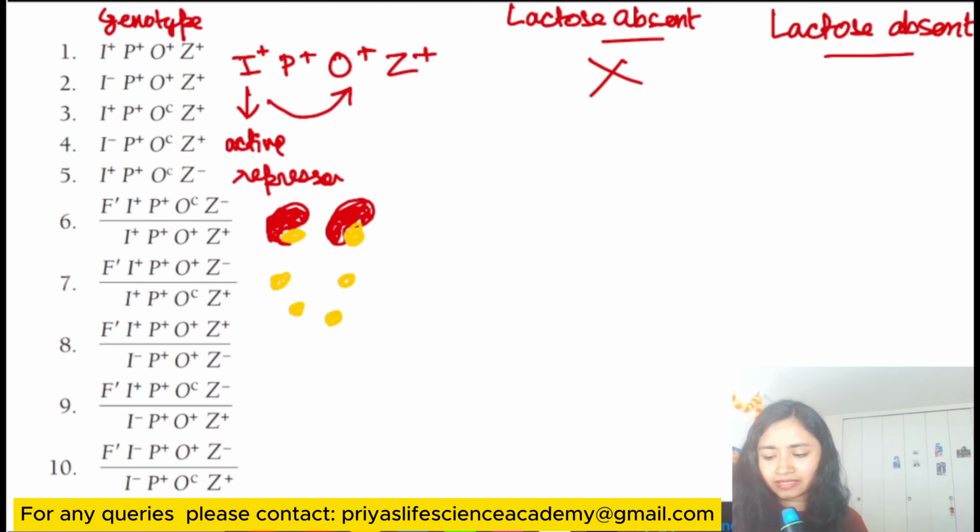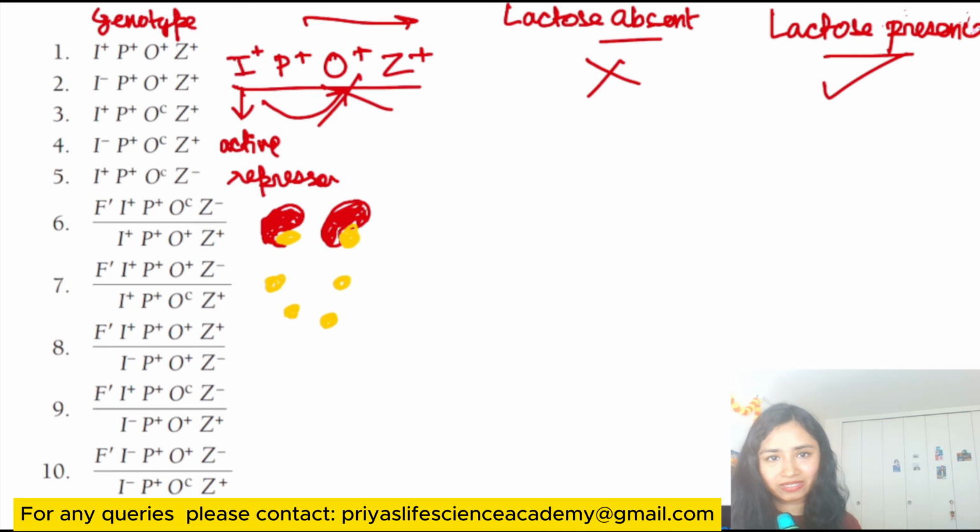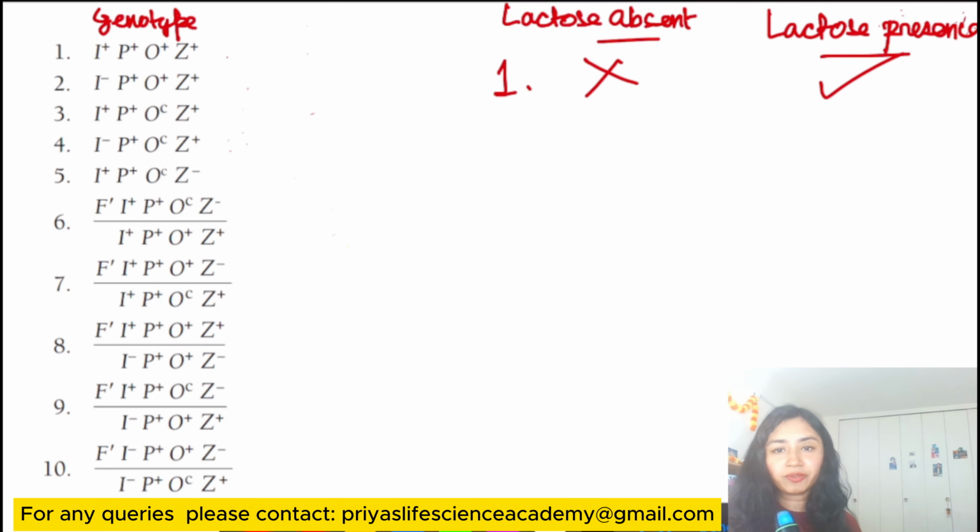Then the repressor can't bind with the operator region, so the operator is free. RNA polymerase can bind on the operator region and transcription will start. So in the presence of lactose, the operon will be turned on. I'm requesting you all to take pen and paper and make two columns, lactose absent and lactose present, and do accordingly with me. So the first problem is done.